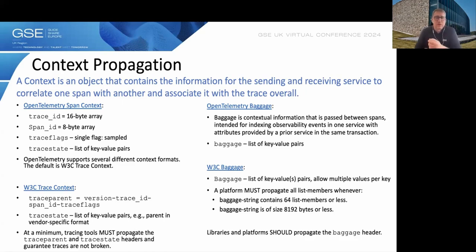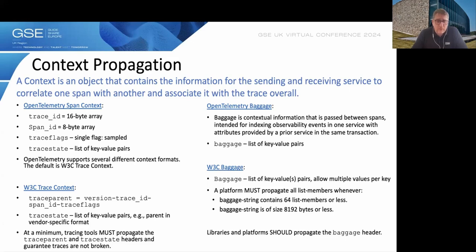And this is what is here on the screen in a very condensed form. But essentially, when we look at W3C trace context, we have a trace parent. Trace parent is a concatenation of the trace ID and a span ID, and also in this concatenation there's a version ID and then as well trace flags.